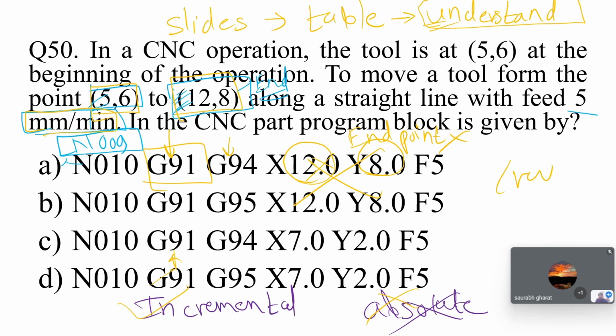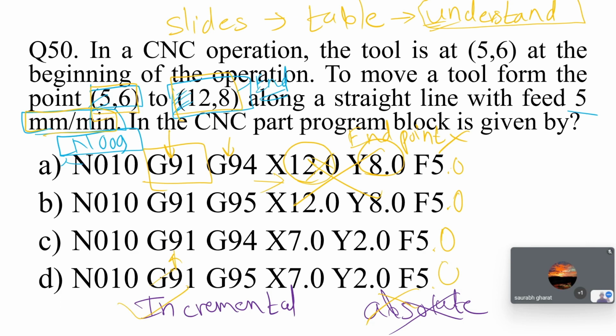But right now we are using per minute, so the code is different. As you change the G code, these answers must also change. It is not always absolute. So depending upon G, you need to change your X, Y, and F values also. It must be taken here like point zero, point zero everywhere.